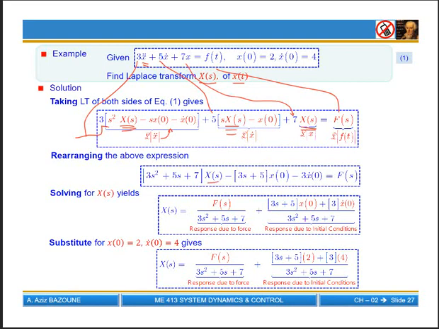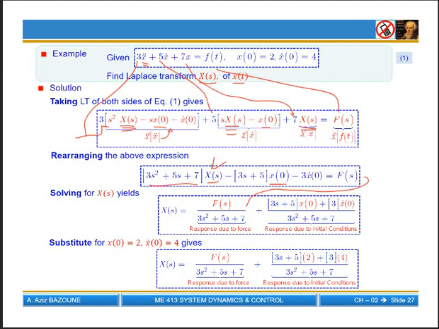And then we take x0 common, so we have minus 3s plus 5 times x0, and then minus 3 x dot 0, is equal to F of s. Now we can solve for X of s alone. You will find it is F of s divided by this term, plus 3s plus 5 times x0 plus 3 x dot 0, divided by this.